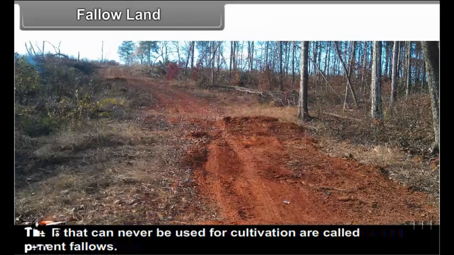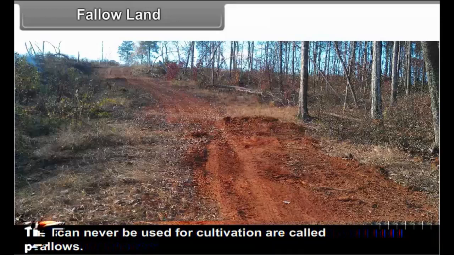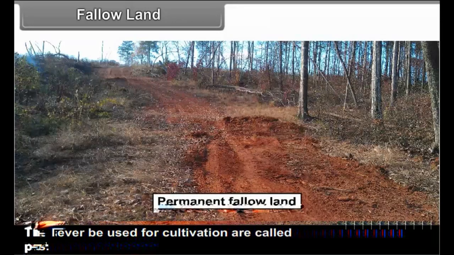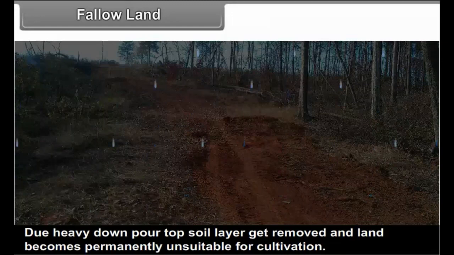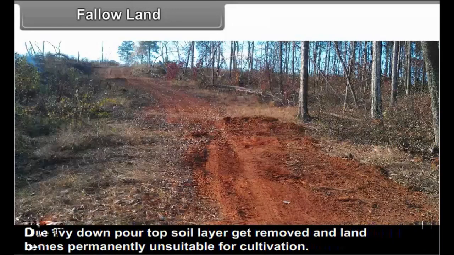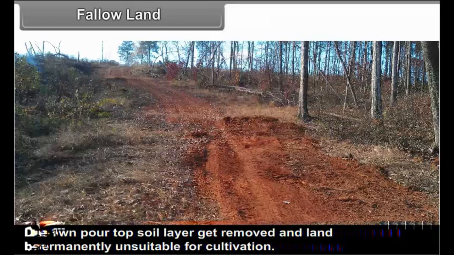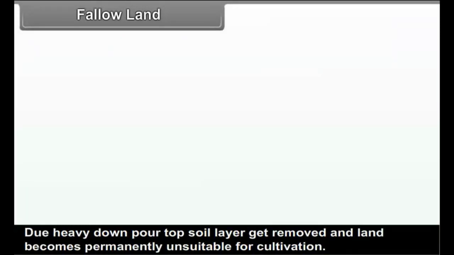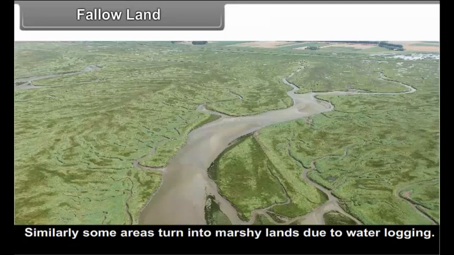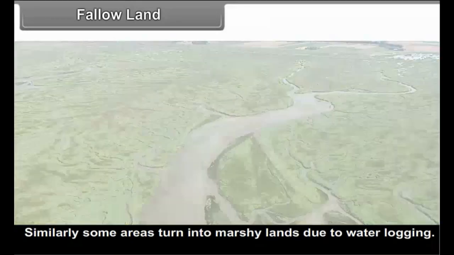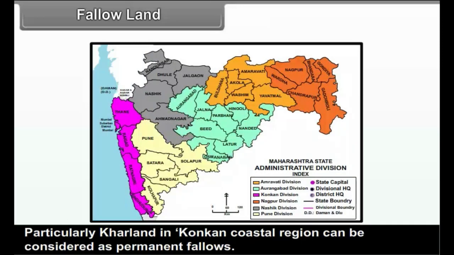The lands that can never be used for cultivation are called permanent fallows. Due to heavy downpour, topsoil layers get removed and land becomes permanently unsuitable for cultivation. Similarly, some areas turn into marshy lands due to water logging. Particularly, Khar land in Konkan coastal region can be considered as permanent fallows.